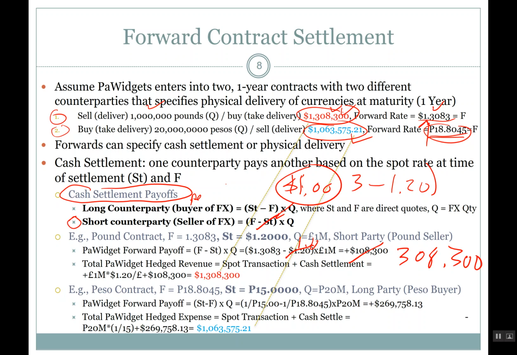What if Great Britain sinks into the ocean and the pound is worth 0? They get a check for $1.308 million from Goldman Sachs because then their pounds are useless. So once they have it, if it's financial settlement, it just doesn't matter. And actually it's kind of easier. Instead of, all right, I'll deliver you £1 million, you deliver me $1.3 million. I don't know why I use that voice, but.